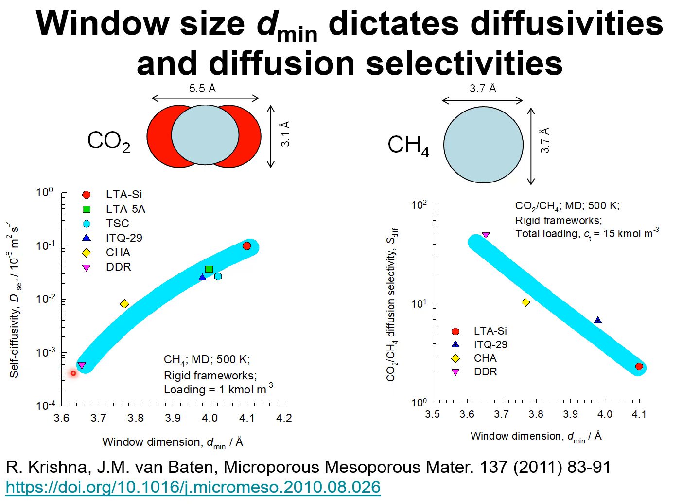We note that as the window dimension, or the minimum aperture of the windows, increases from 3.65 to 4.1, the diffusivity of methane increases by about 2 orders of magnitude, and the CO2/methane diffusion selectivity decreases by about 1.5 orders of magnitude as we go from DDR to LTA zeolite.